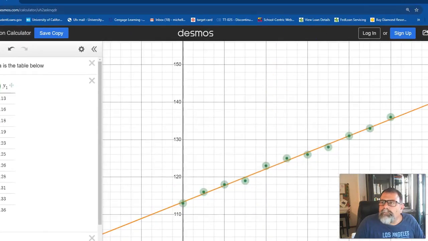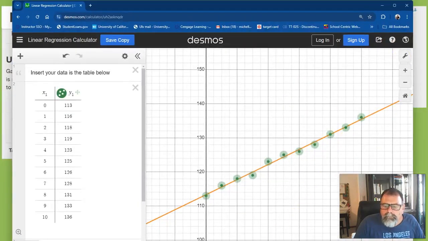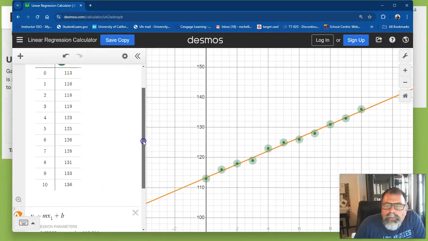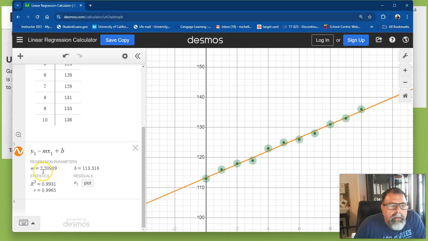All right, so then the regression will be M is 2.2 and B is 113.3, and you can see how those are kind of tightly, and R value is 0.99, so that's a strong positive or increasing relationship, and it resembles a line very well.